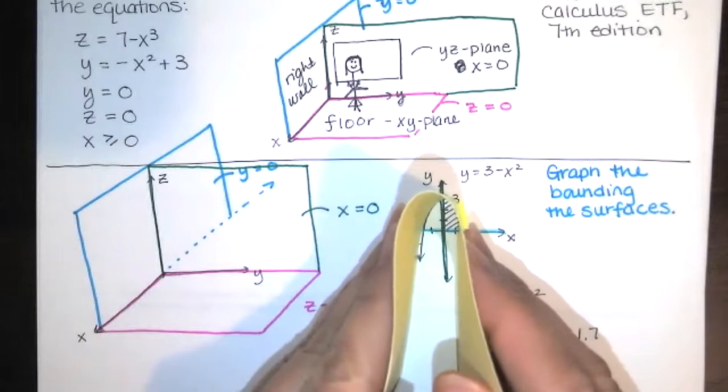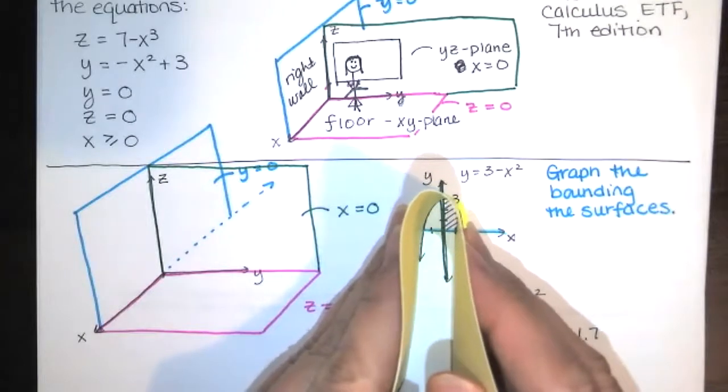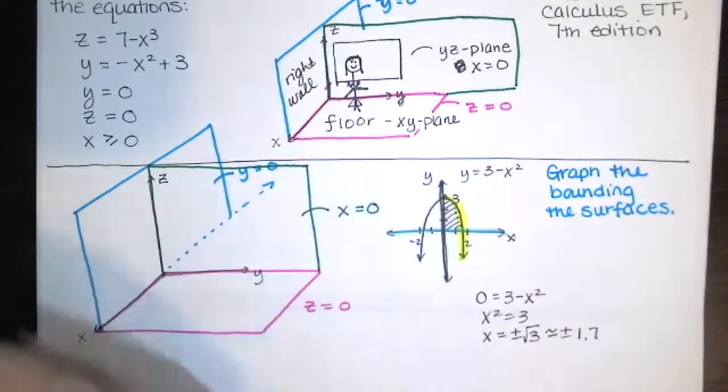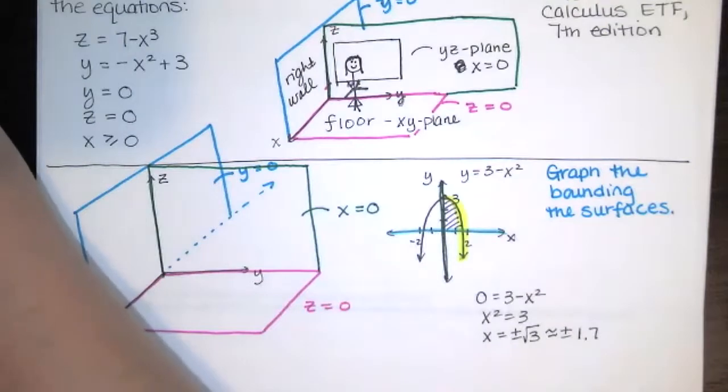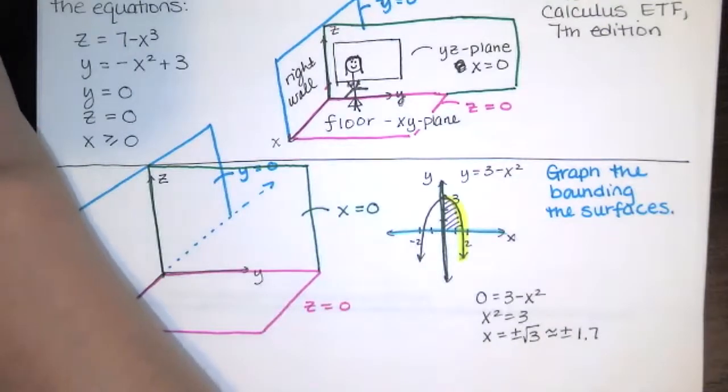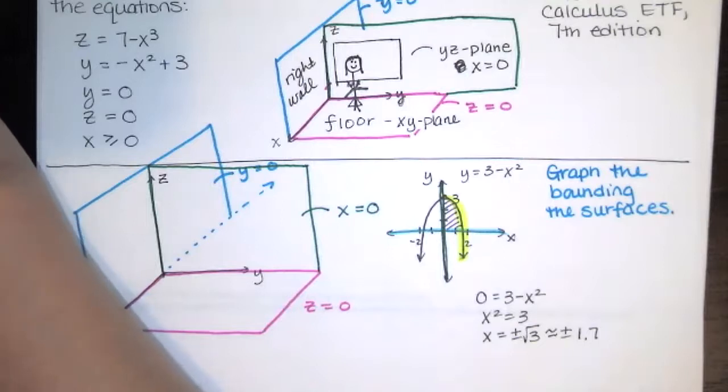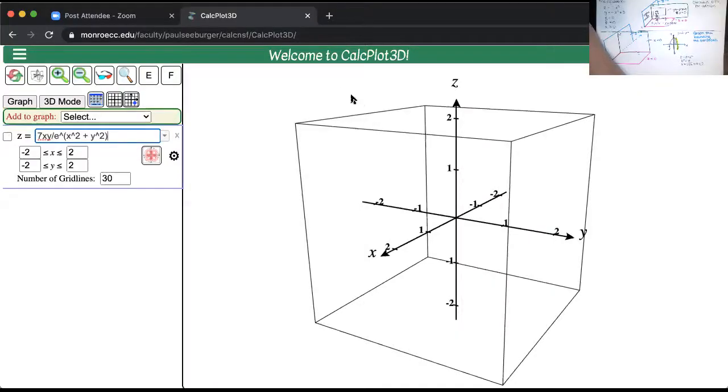Now I'm going to share my screen with you. I'll show you how to graph this. Let's see. Screen share. Now what I'm showing you is what's called Calc 3D. If you just Google this, you'll be able to find this.